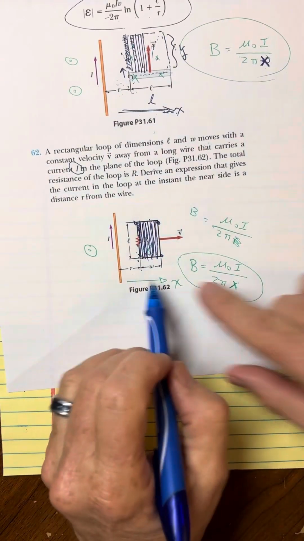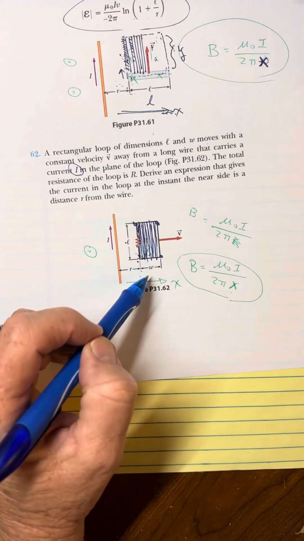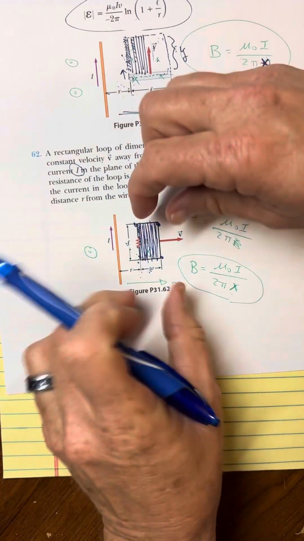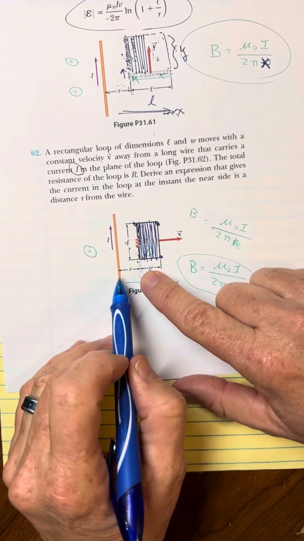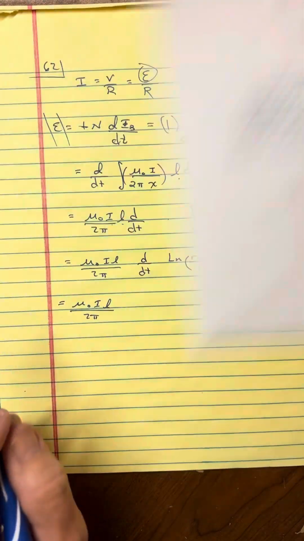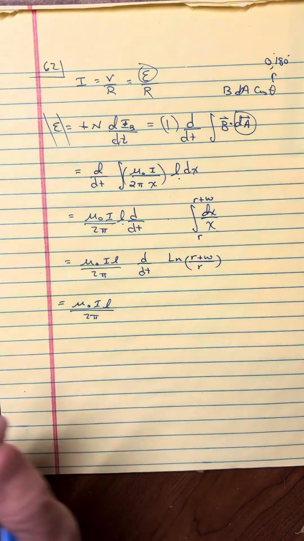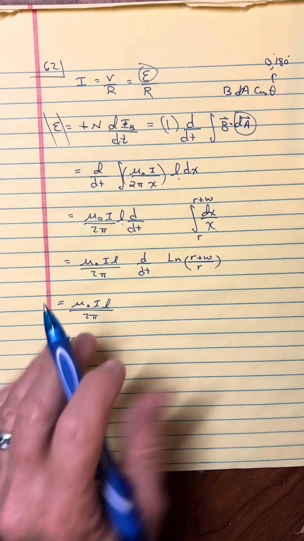The w doesn't change. The L and the w are the size of the rectangle. Those remain the same, but the position, the distance the rectangle is away, does change. Which, by the way, in problem 61, the r did not change with time.